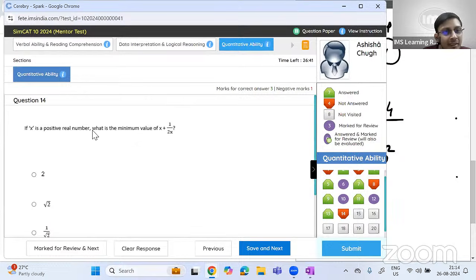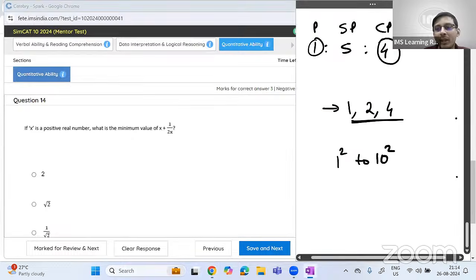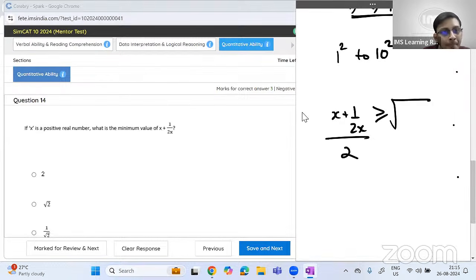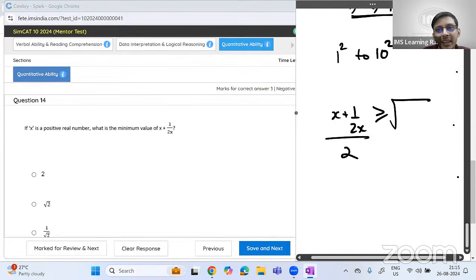X is a positive real number. What is the minimum value of x plus 1 by 2x? Okay, I know exactly what to do. This is, of course, AM-GM because we have positive and minimum. Those are the hints. x plus 1 by 2x is greater than or equal to 2 times the square root of the product. The sum of 2 values divided by 2 is the AM, and the product x into 1 by 2x is 1 by 2, so the square root of 1 by 2.